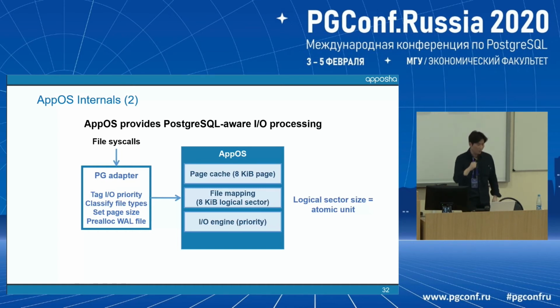So in our file mapping layer, we guarantee the atomicity of these 8 kilobytes. And the bottom layer, the IO engine, issues IOs based on the configured priority. For example, backend processes can have higher priority shares compared to the checkpointer or vacuum workers, in order to stabilize the transaction latency.